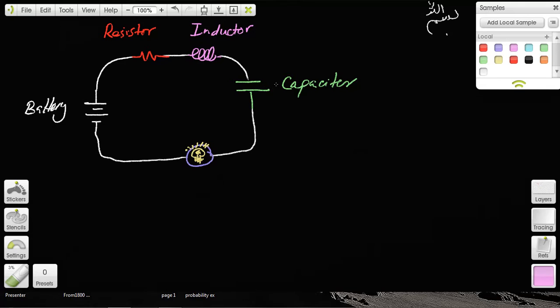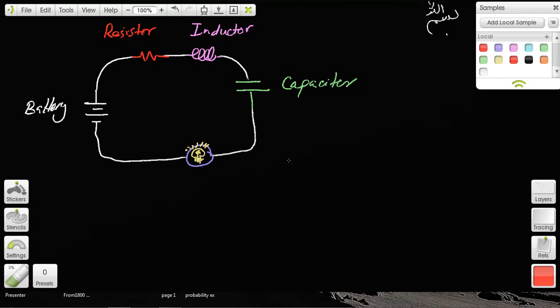This one resists and holds it. This one resists and only allows gradual changes in current, and a resistor just kind of slows the current down.